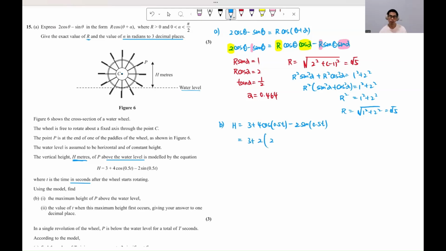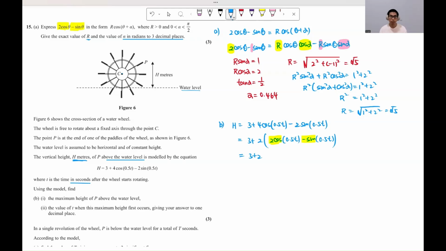So that would be 3 plus 2 times (2 cos 0.5t minus sin 0.5t). What's inside is very similar to part A: you have 2 cos and minus sin, just with 0.5t instead of theta.